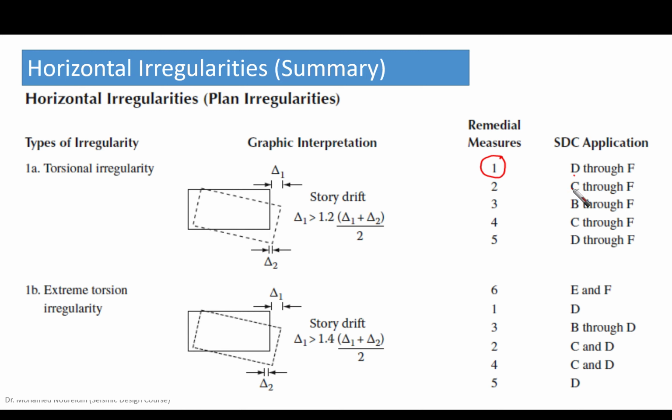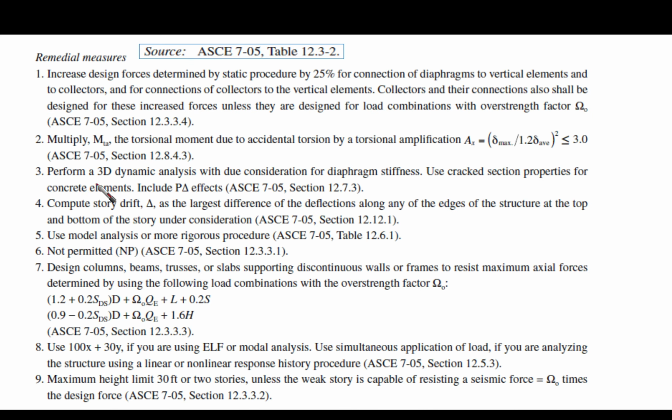If it's between C and F, so C, D, E, F, then we need to apply also remedial measure 2, which is something else here. We're going to multiply the torsional moment due to accidental torsion.